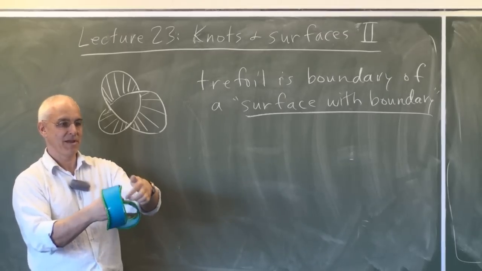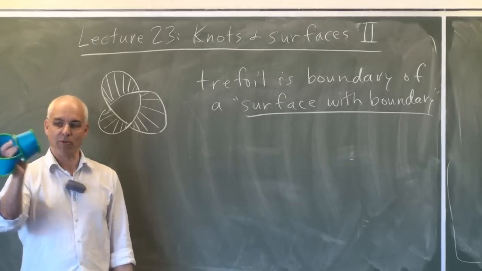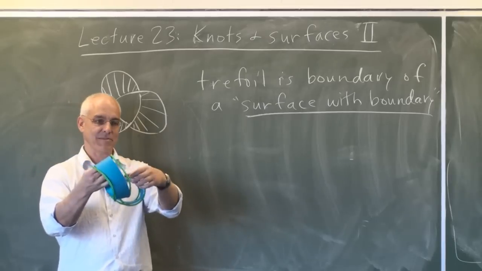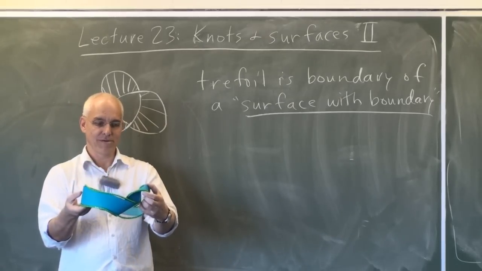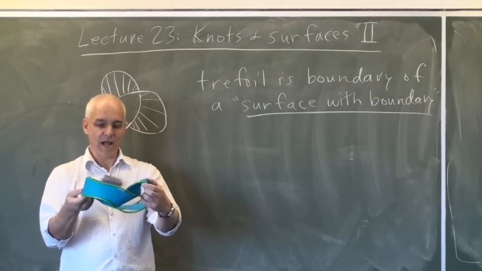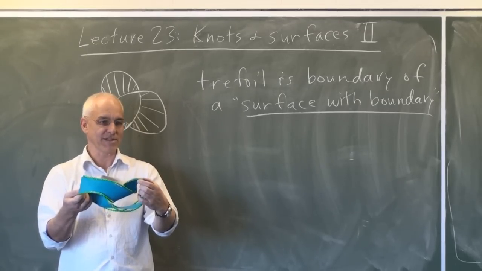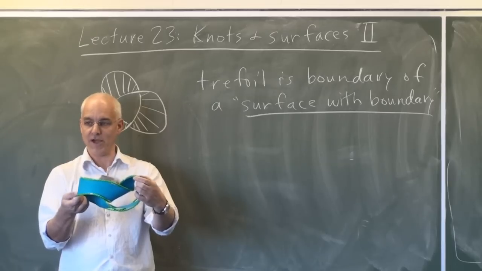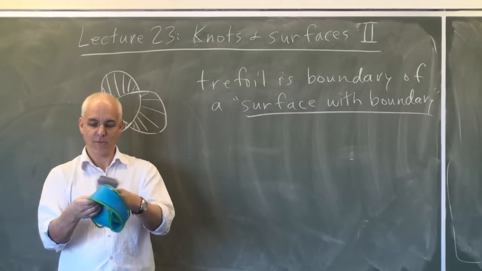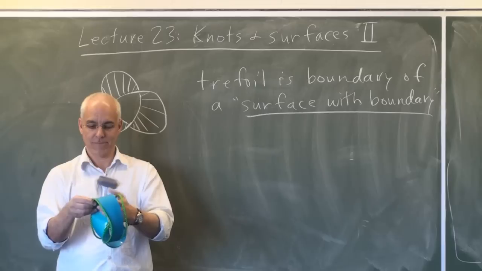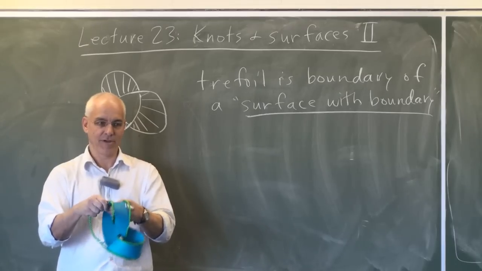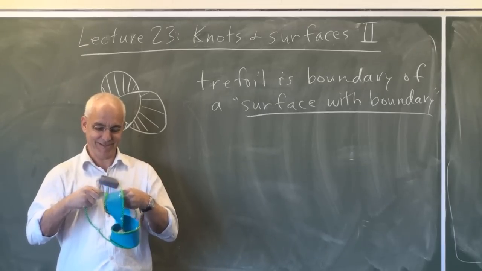This green strip is one continuous strip around the edge. Okay, it's a Mobius band with 3 twists. And now what I'm going to do is take away the surface, and hopefully what's inside will be a trefoil knot. So I'm going to just remove the surface from the boundary.